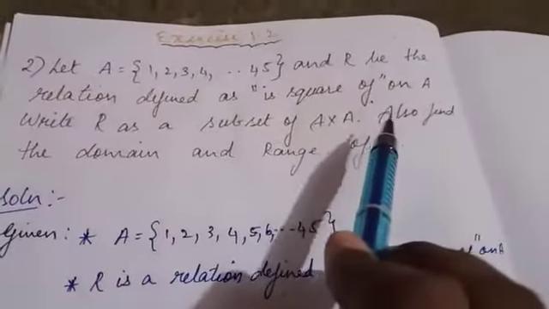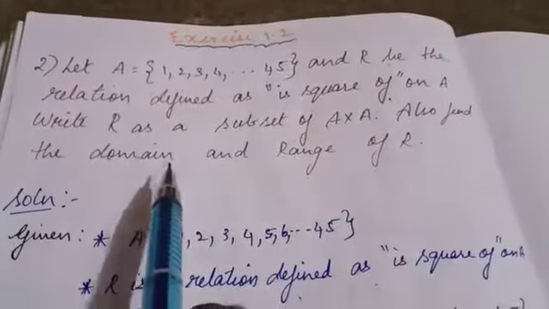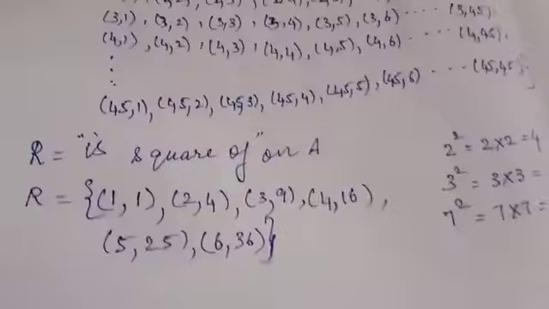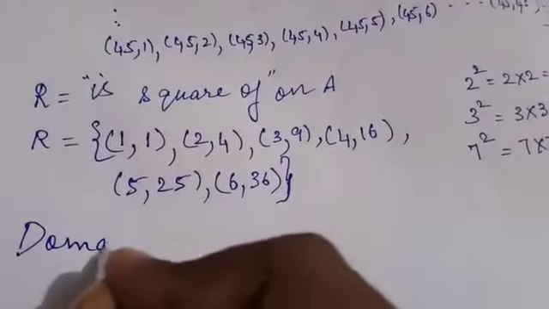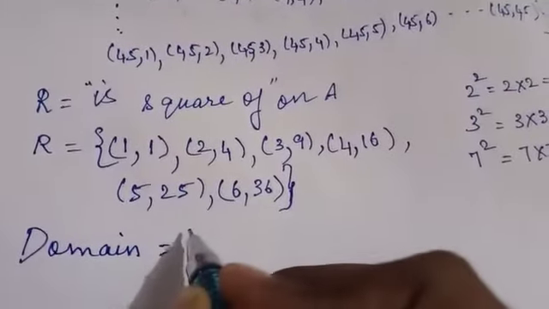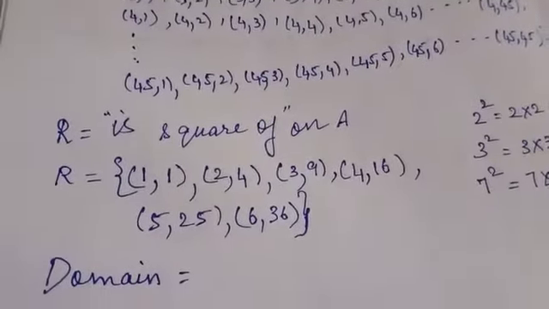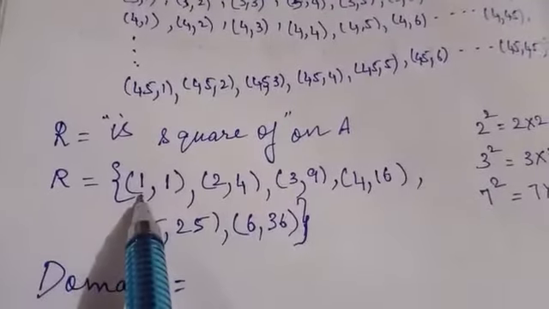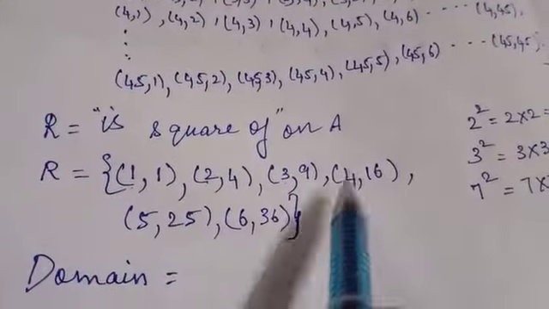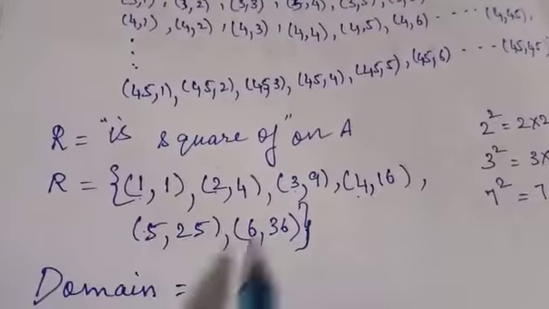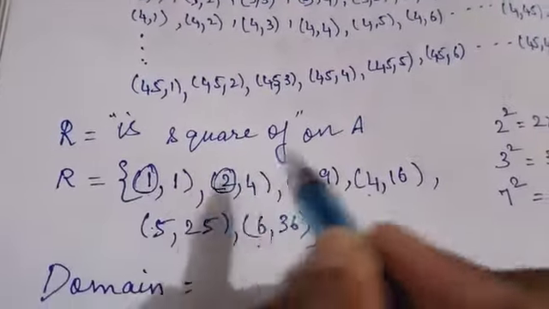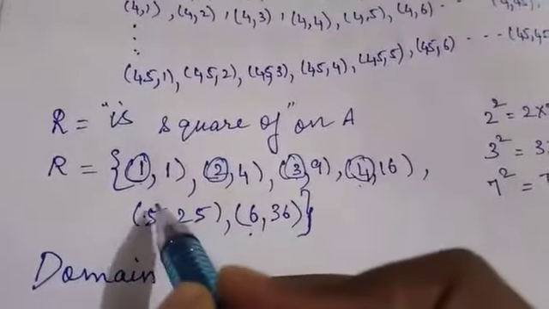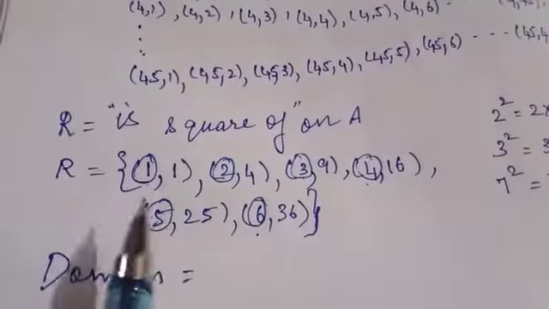So next, what do we have to find? Also find the domain and range of R. First we'll find the domain. What is the domain? The domain is nothing but the first elements of all ordered pairs. What are the first elements? 1, 2, 3, 4, 5 and 6.